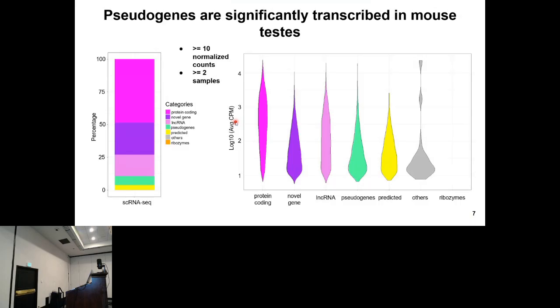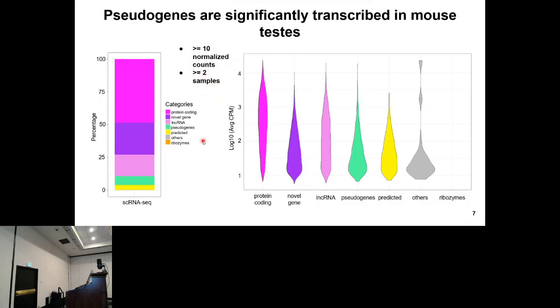So before analyzing our data in more detail, we decided to look at how many pseudogenes we actually detected. After performing quality control and normalizing our expression data, for any gene or pseudogene to be confidently detected, it needed to have at least 10 normalized counts in at least 2 samples.